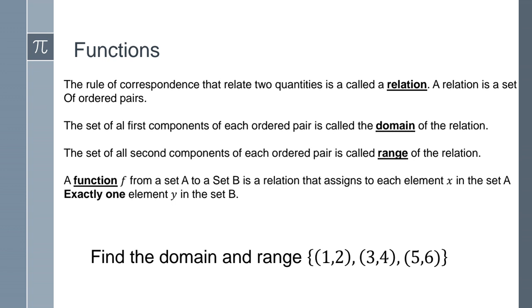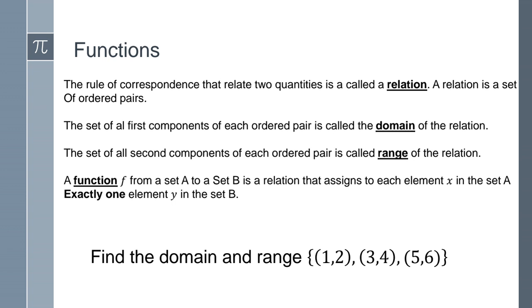Here, the domain refers to all the x values of the ordered pair, so my domain would be 1, 3, and 5. The range would be all the y values from the ordered pair, which would be 2, 4, and 6.